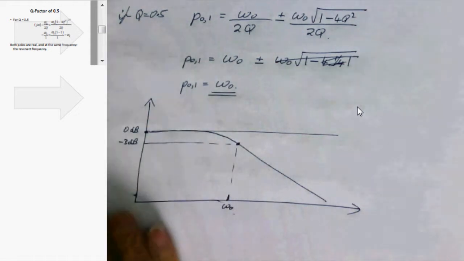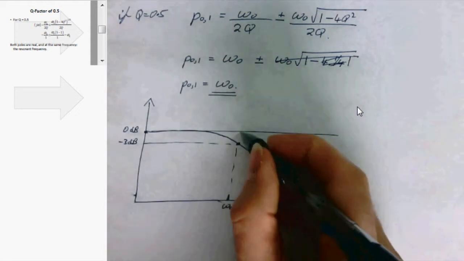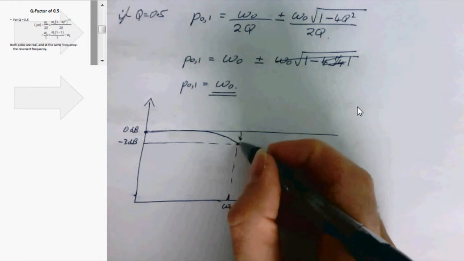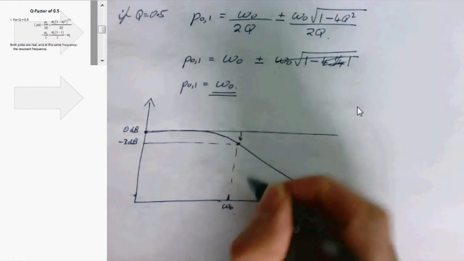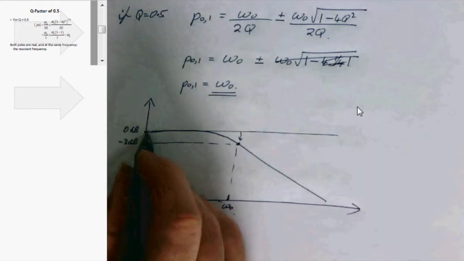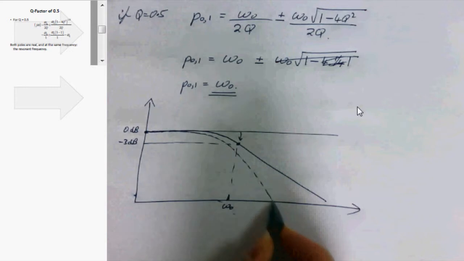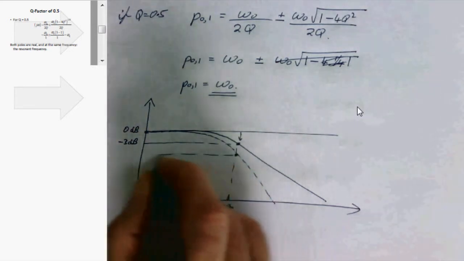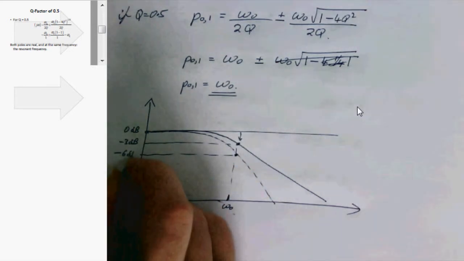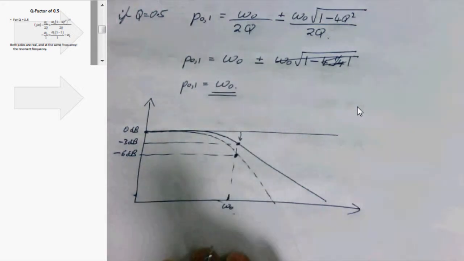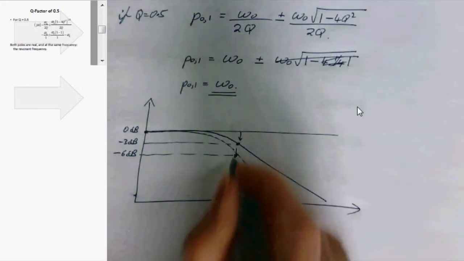But I've got two poles in this system. Both of them are giving me 3 dB of loss at the resonant frequency. Therefore, acting together, I would expect them to give me 6 dB of loss at the resonant frequency, which is exactly what they do.